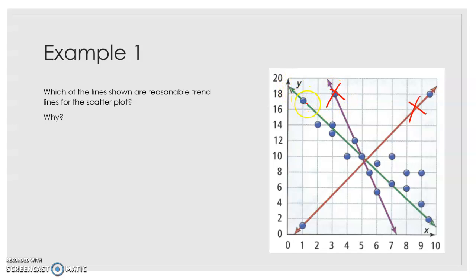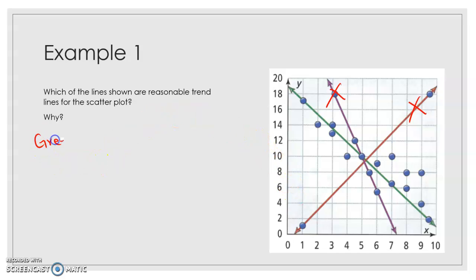Whereas when we look at the green line, we have approximately the same number of points on either side. We have a cluster here, so that kind of affects things. But out of these three lines, it is the best one to match the way the data points are correlating, or that association of our data points. Excuse me.